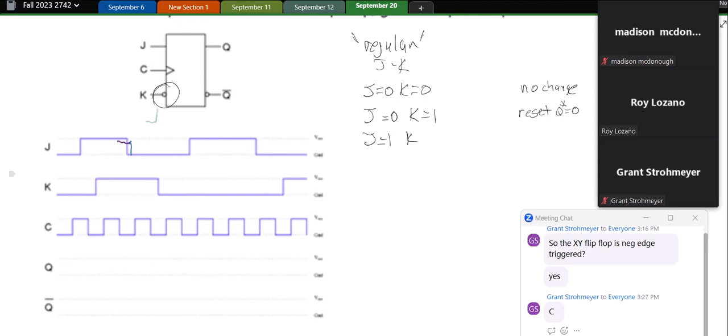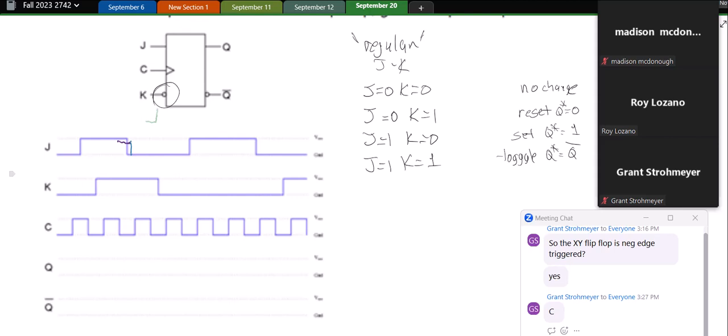When J equals 1 and K equals 0, that's a set. Our Q star equals 1. And J equals 1 and K equals 1, that's a toggle, or Q star equals Q bar.